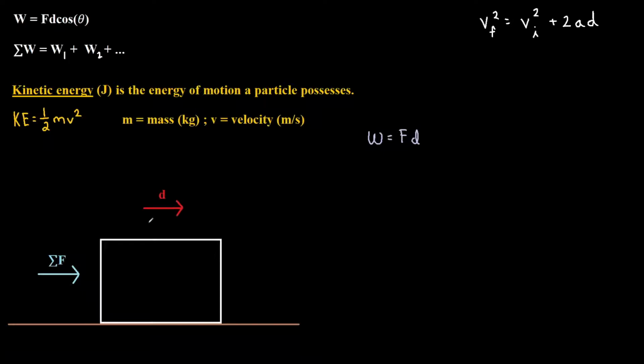Also, since this is a net force, we're going to be dealing with the net work done on the object. So we have to change our equation W equals FD to the net work is equal to the net force times displacement.